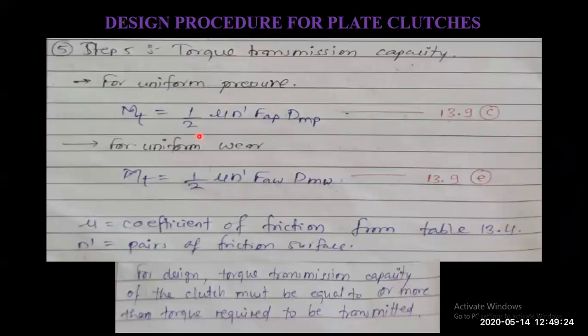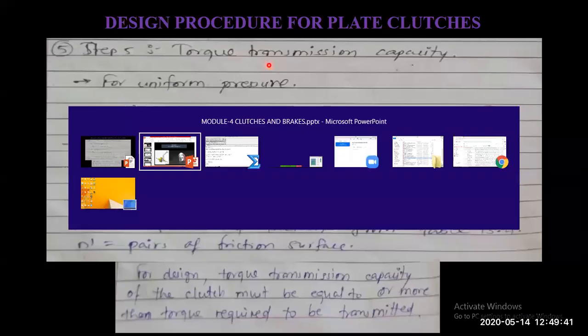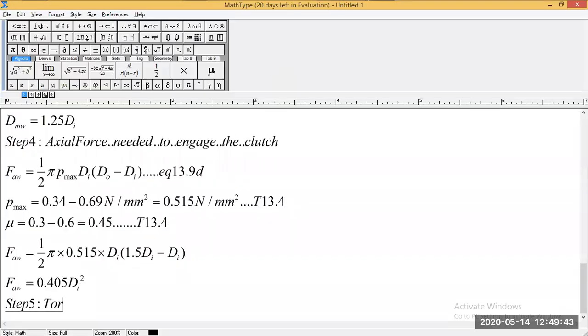So MT, mu is mu. We will use mu here. You see this n dash here. n dash is the number of plates, pairs of friction surfaces, this kind of thing. So you're considering uniform wear, torque transmission capacity.